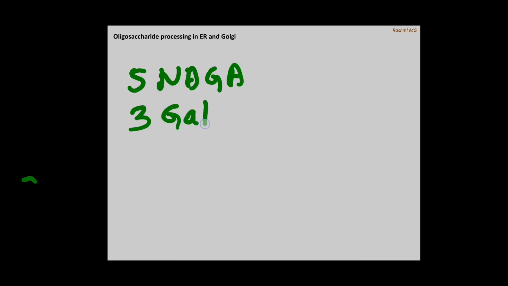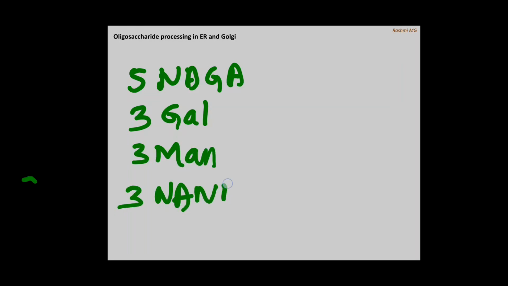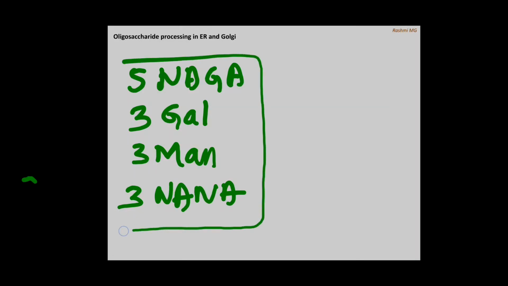I'll write it here very cleanly. 5 NAGA is present, 3 galactose is present, 3 mannose is present, 3 NANA is present. So this is what the precursor oligosaccharide looks like after processing in the Golgi network, right?